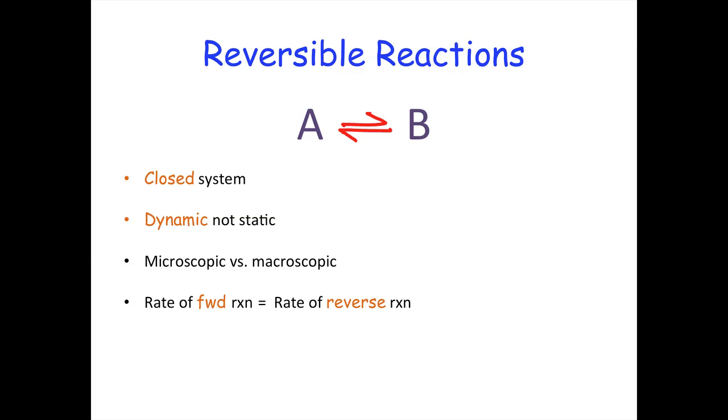And at equilibrium, there's a specific amount of movement taking place. We say that the rate of the forward reaction is equal to the rate of the reverse reaction.